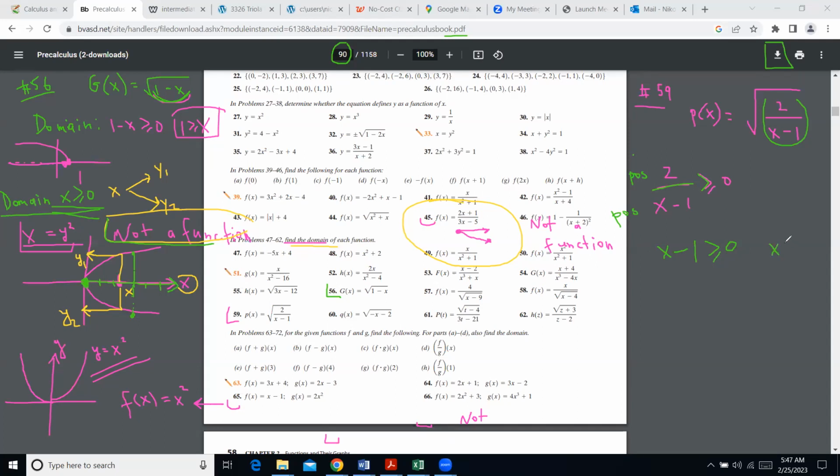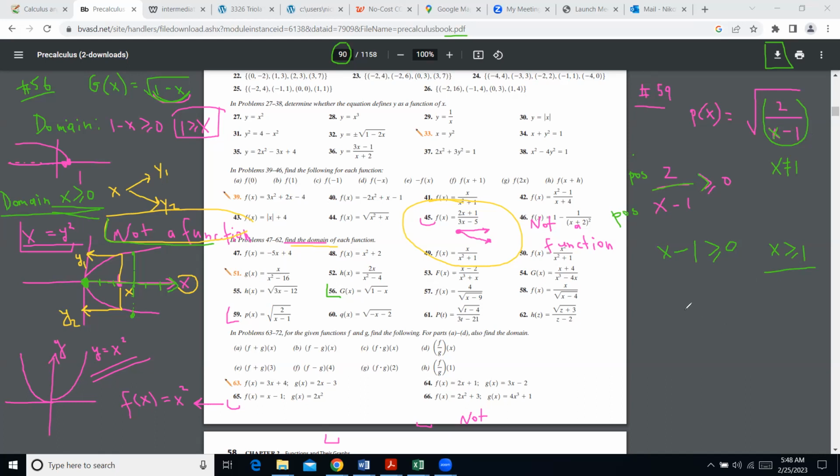So I have something like x is greater than or equal to 1, and that should help me to get a graph. But on the other hand, x cannot be equal to 1. Please notice that if x is equal to 1, then we're going to have a problem with the fraction, right? 1 minus 1 is 0.